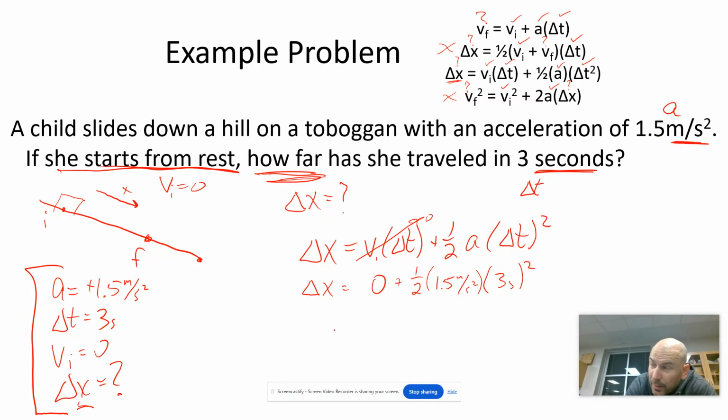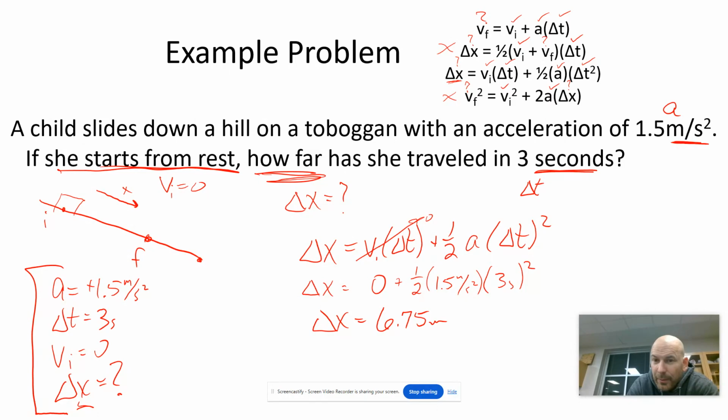So 9, mental math, come on, 13.5 divided by 2 is equal to 6.75, I think, meters.